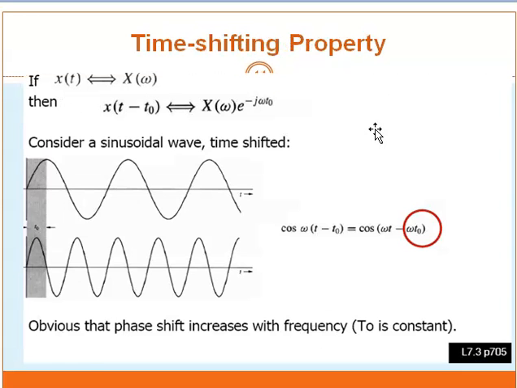For the time shifting property, when you have the signal x(t minus t naught), you have minus t naught here, meaning that there is time shifting over here. The frequency domain would become X(omega) exponent minus j omega t naught.